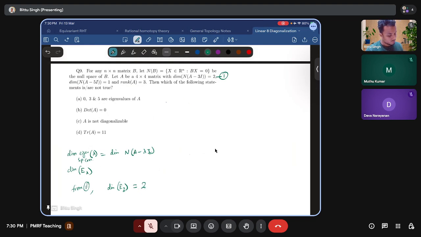That is, the eigenvalue 3 appears twice.